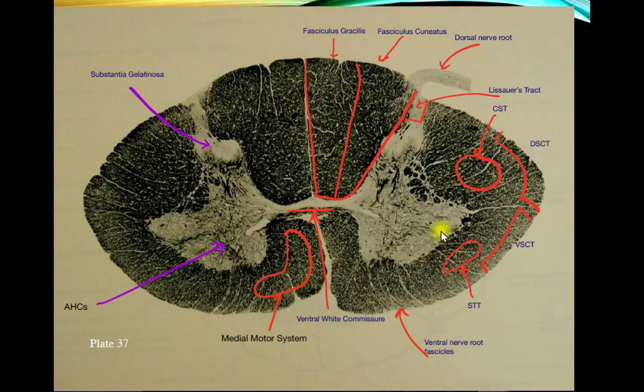We can see from the anterior horn cells the actual axon bundles here as they exit. So this is the ventral root and the dorsal root. And so remember the roots in terms of motor and sensory are far apart. Dorsal root here, the ventral root here. These come together eventually as the spinal nerve.